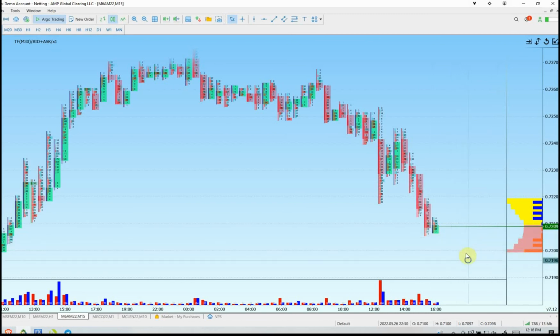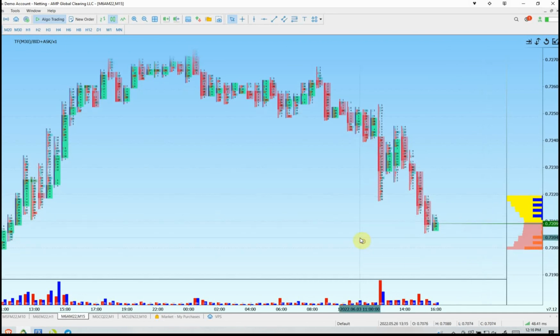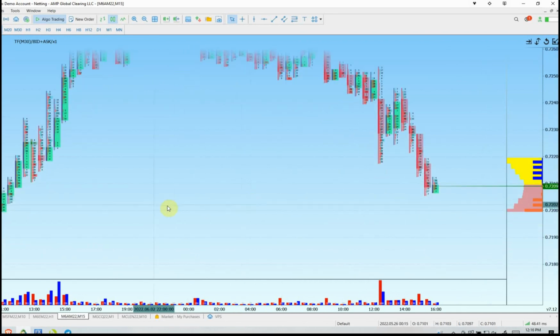If price gets down here, probably will drive it lower. Okay, that's really what this is telling you. And there's a bunch of buy orders sitting up here. So if price comes back up to here, it could potentially trigger buy orders and drive the price higher. But as long as it's staying inside of here, then really the trend that's in place is probably going to continue.